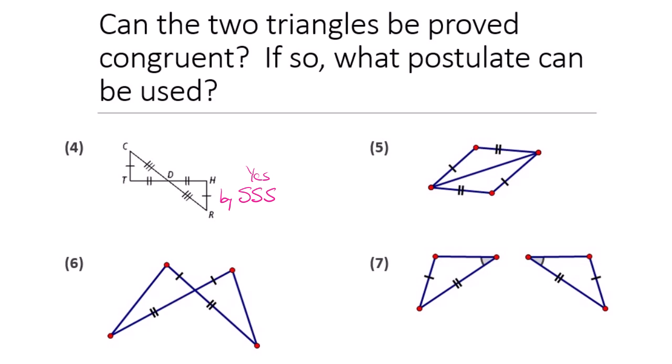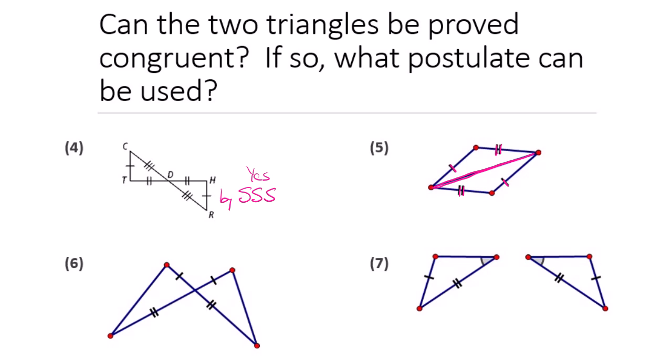Number 5. So in this case, we have this side congruent with this side congruent with this side. And then we don't have any other information that's given, but we can see a few things by looking at the diagram, right? And one of them is reflexive property.